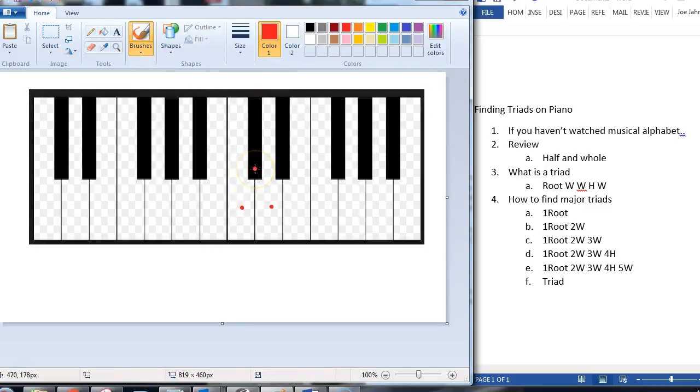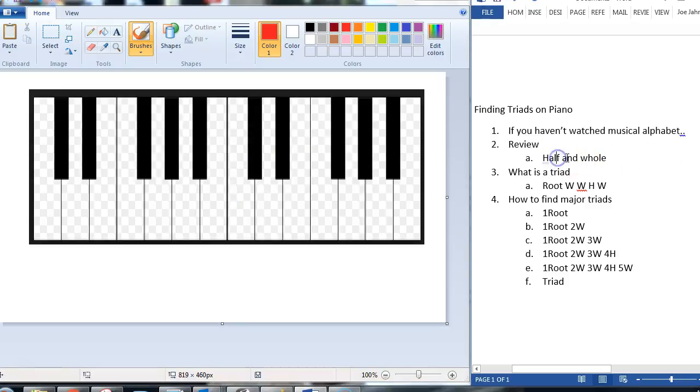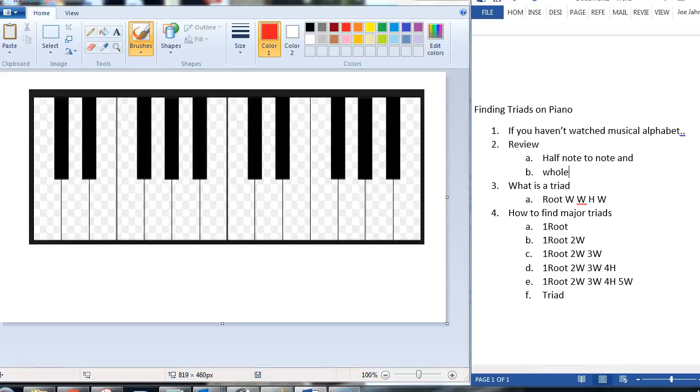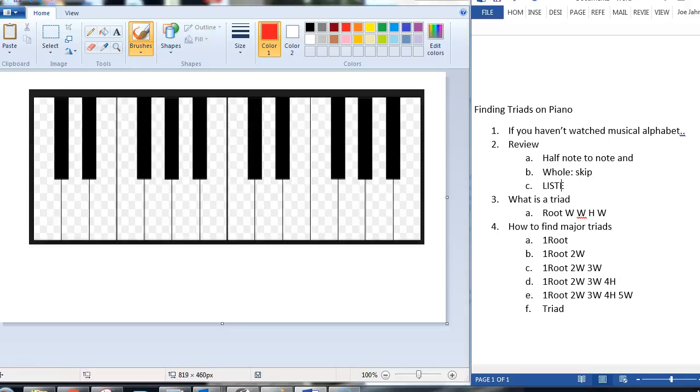You've skipped that note. If you go from C to C sharp, that's a half step. So remember, note to note is a half step, and a whole step has a skip. Always use your ears as well, so just listen. You can hear the difference.